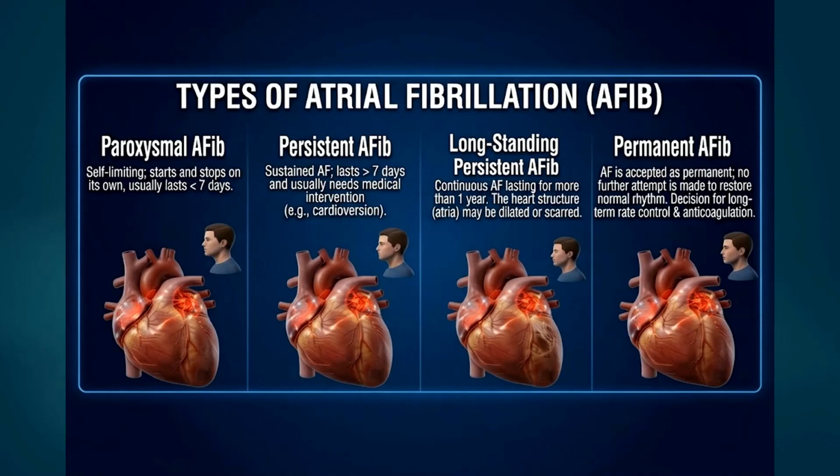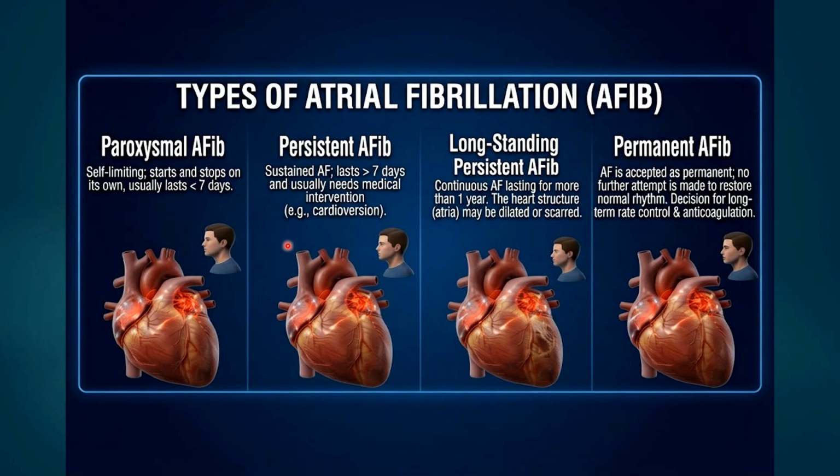Let's talk about the types of atrial fibrillation. It is classified mainly based on how long it lasts and whether it stops on its own. If the symptoms are self-limiting, that is, start and stop on their own and last for less than 7 days, we call it paroxysmal atrial fibrillation.